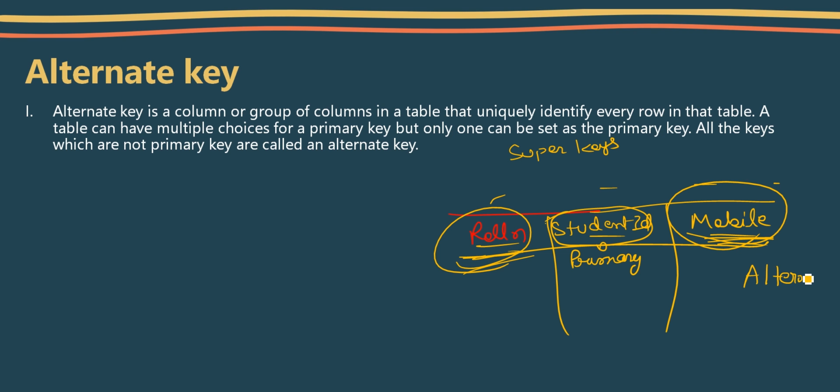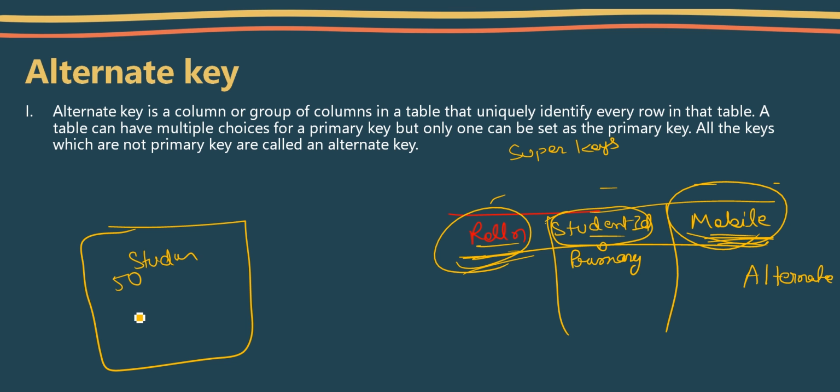Alternate key means it can be selected as a primary key, but it hasn't been selected as a primary key, right? Let's say in my class there are 50 students, right? And I am a teacher. I can clearly see that roll number 1, roll number 3 and roll number 5, these three students are brilliant.